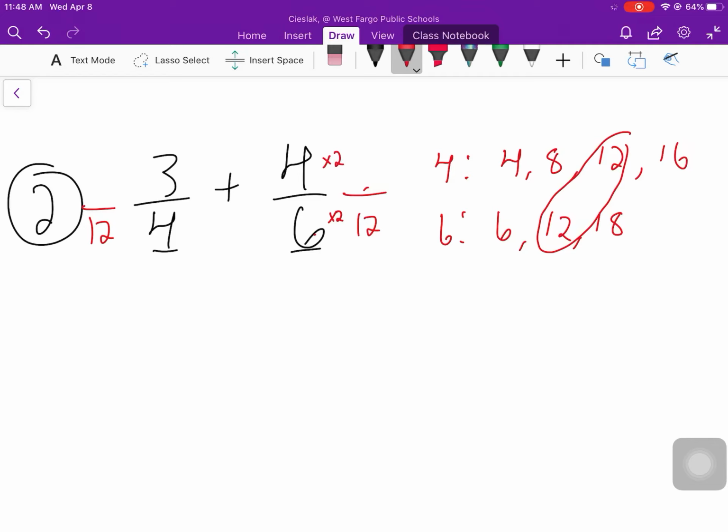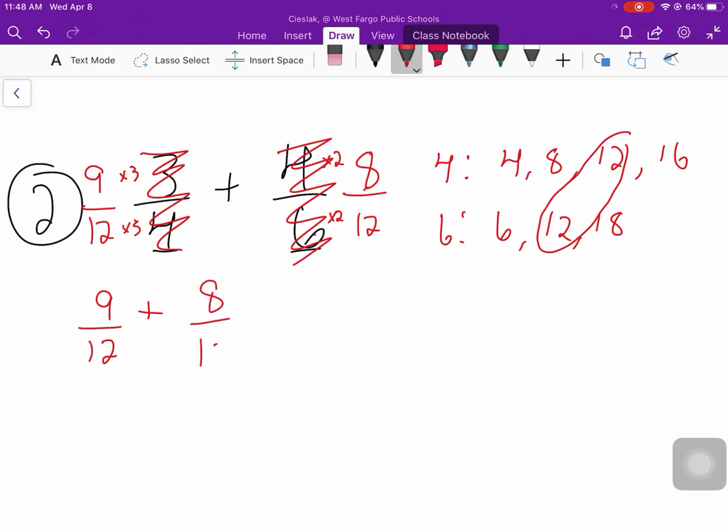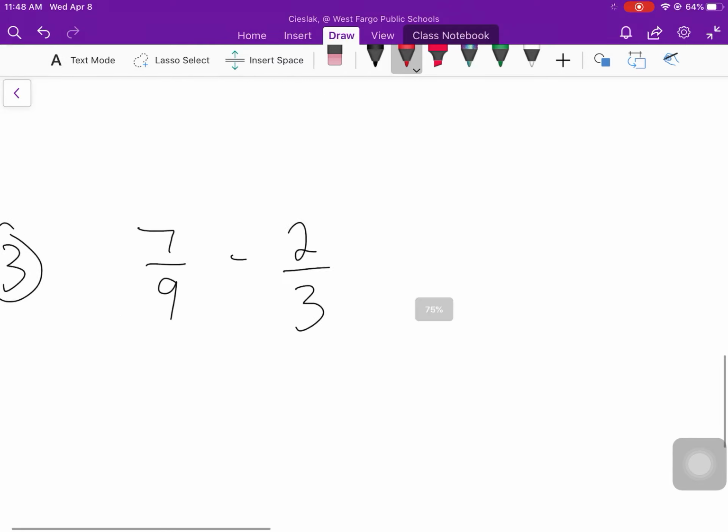Now 6 times 2 gives me 12, so then I've got to multiply by 2 on top. 4 times 3 gives me 12, so I'm going to multiply by 3 on the top and the bottom. So 3 times 3 is 9. Cross that one out. 4 times 2 is 8. Those are my equivalent fractions. So my new problem is 9 over 12 plus 8 over 12. And 9 plus 8 is 17 over 12.